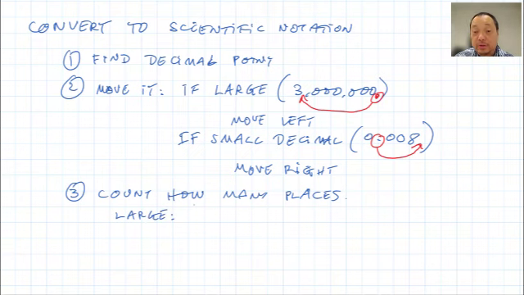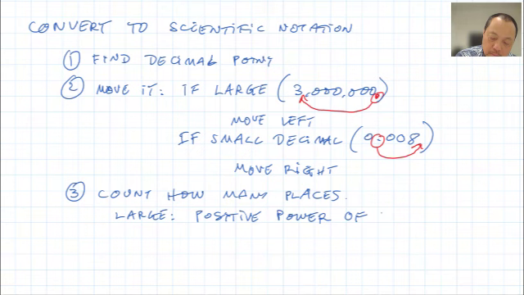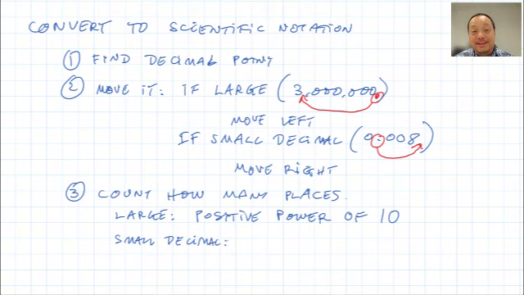If the original was large, then the number of places is the positive power of 10. If small decimal, then the number of places is the negative power of 10.